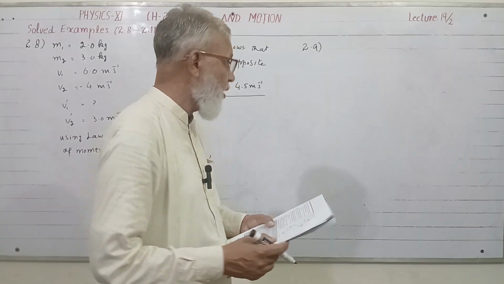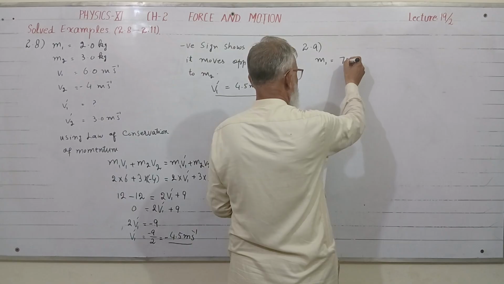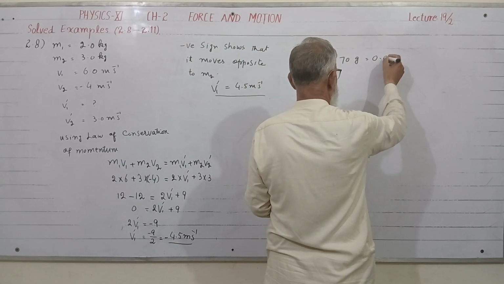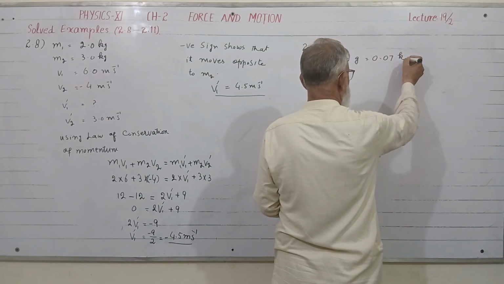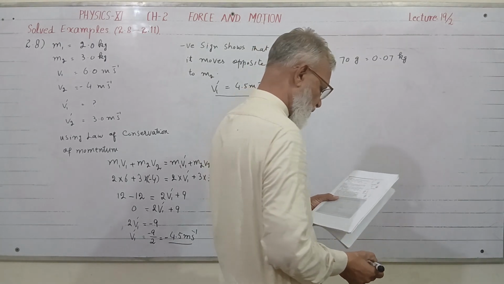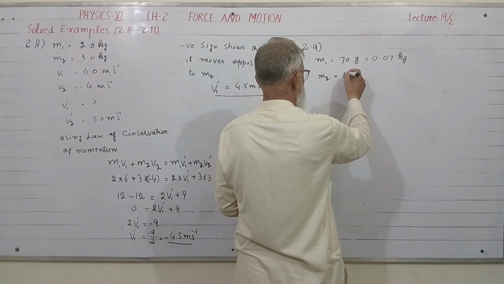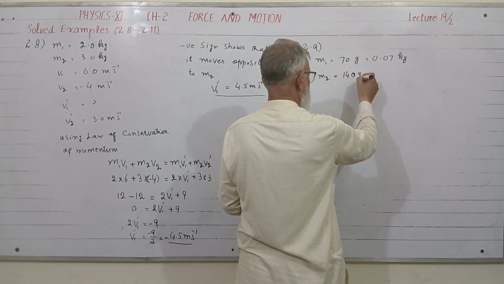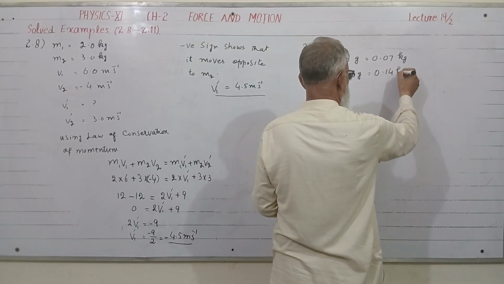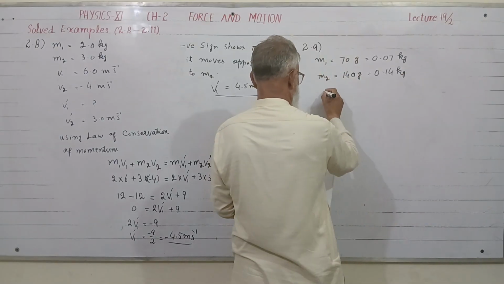A 70 gram ball, M1, 70 gram means 0.07 kilogram, divide by 1000 to make it kilogram, collides with another ball of mass M2, 140 gram, which is 0.14 kilogram.